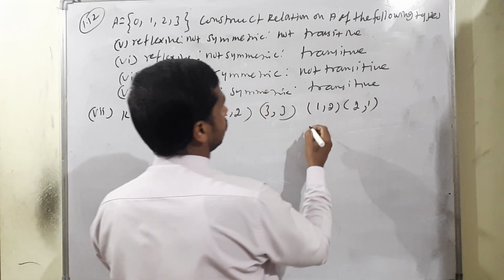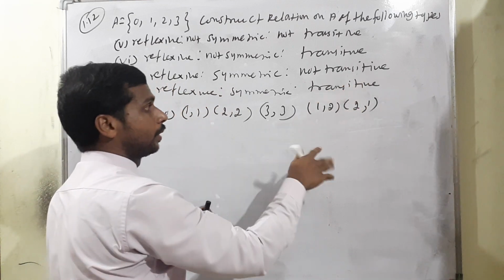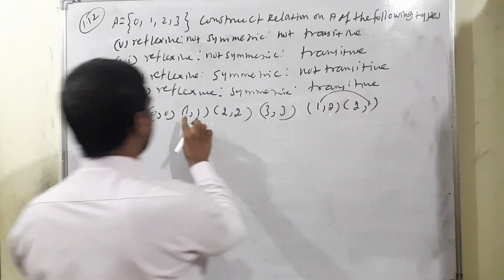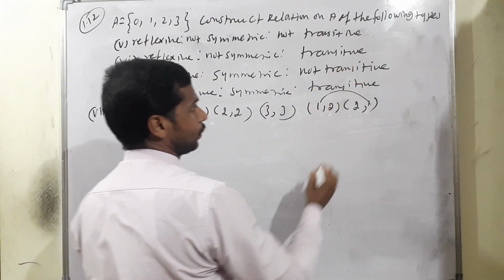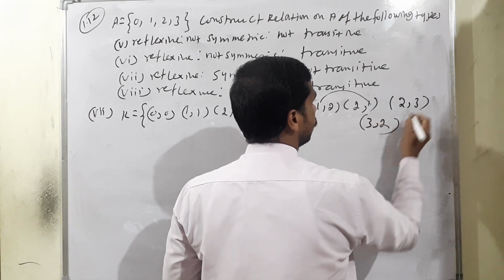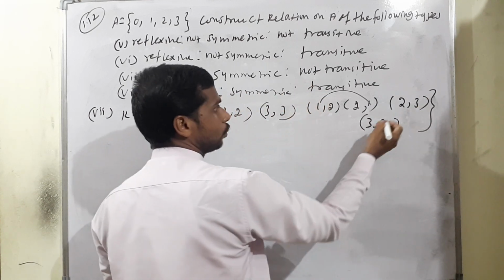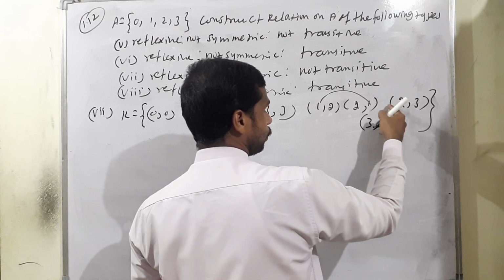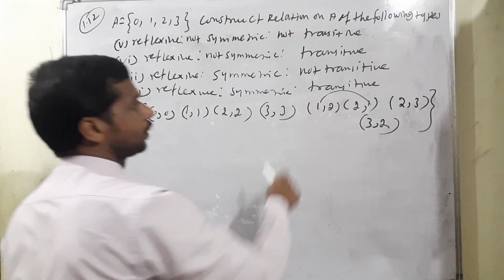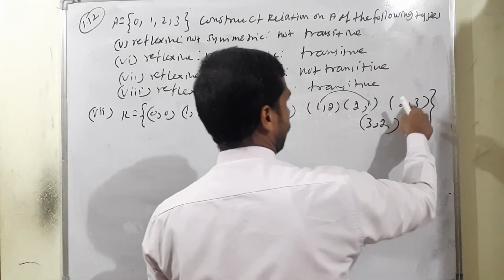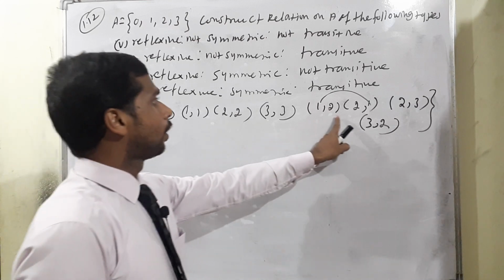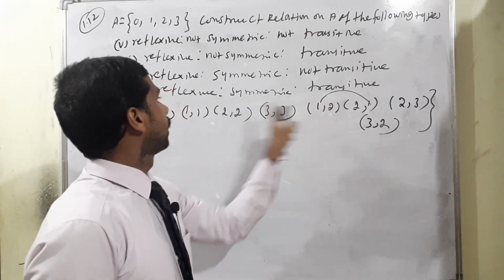Next condition, because we have to show not transitive also, check this: 1, 2, 2, 1 gives the last condition 1, 1, but we have to show not transitive. That's why I have taken 2, 3 and 3, 2. If you take 2, 3 and 3, 2, look at there, the connected pair 3, 3 is there, again 2, 2 also is there. And 1, 2 and 2, 1 then 1, 1 also is there.